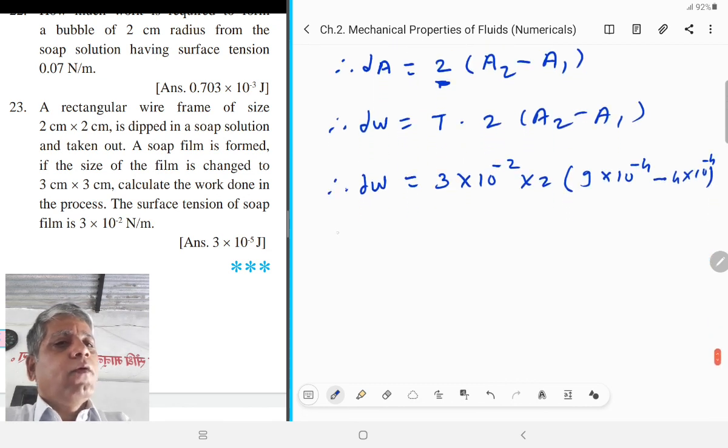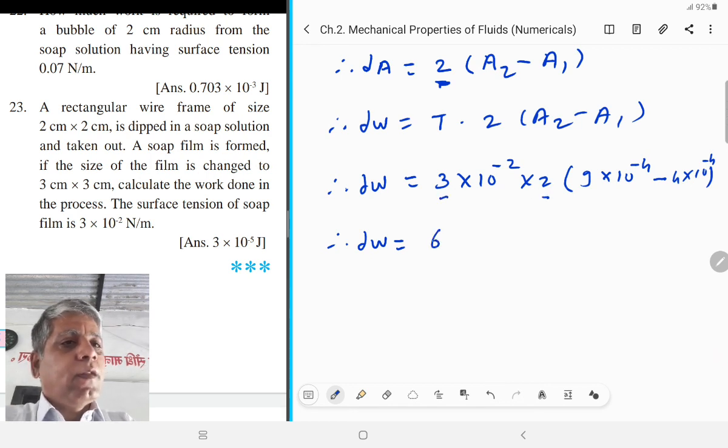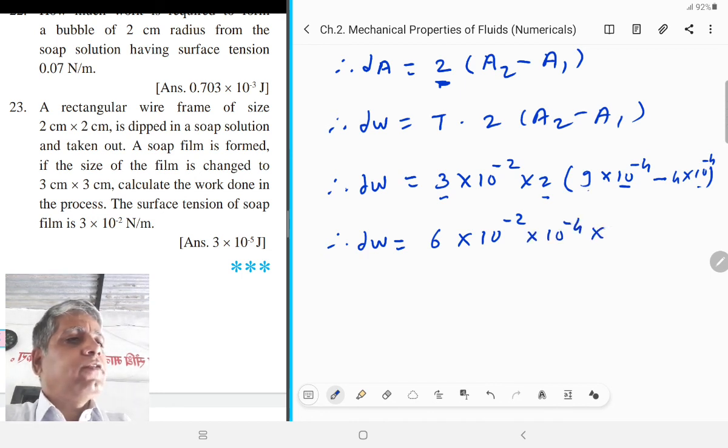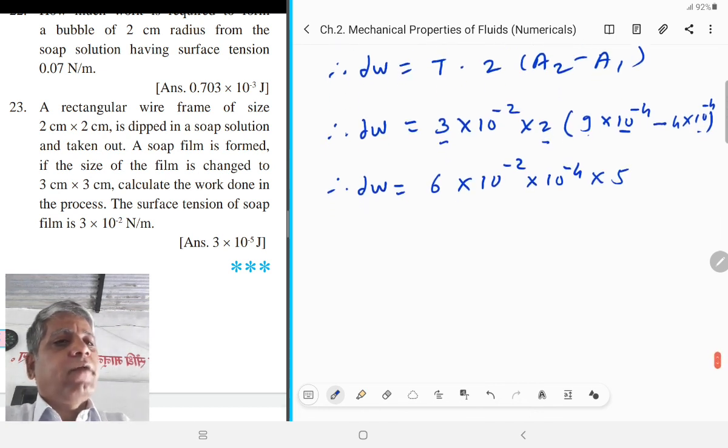Therefore, work done dW is equal to 3 multiplied by 2, that is 6, into 10 raised to minus 2, 10 raised to minus 4 taken common, in bracket 9 minus 4, that is 5, and 5 into 6, that is 30.